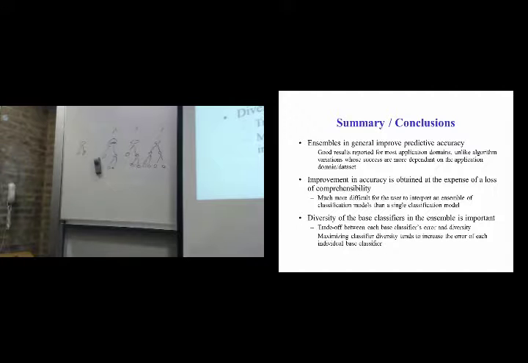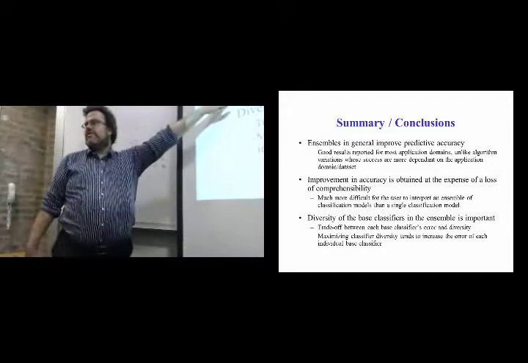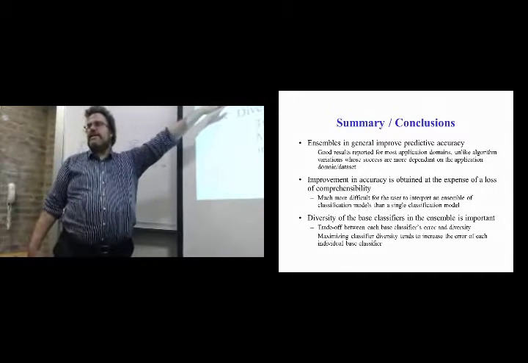So, just to finish, on the whole, these ensemble methods seem to improve predictive accuracy. There have been a lot of studies of these, and these different methods do very well. One problem is that we lose comprehensibility here.